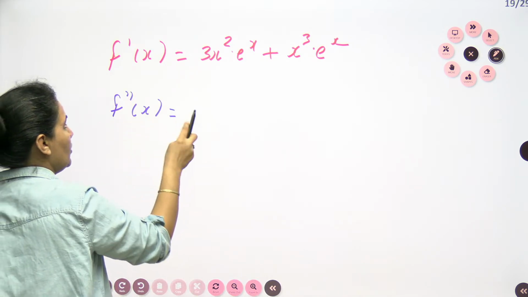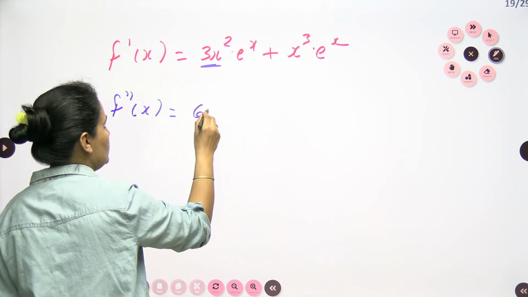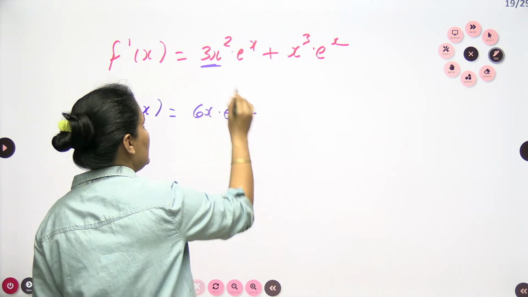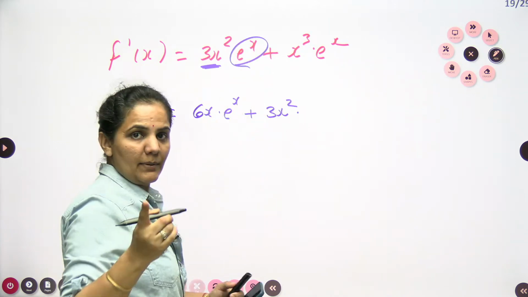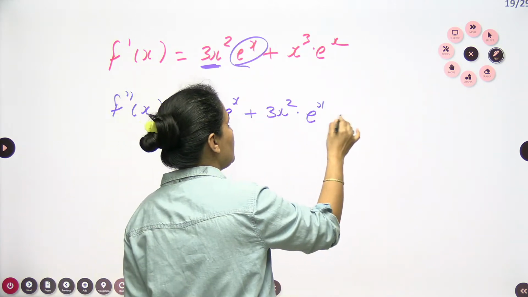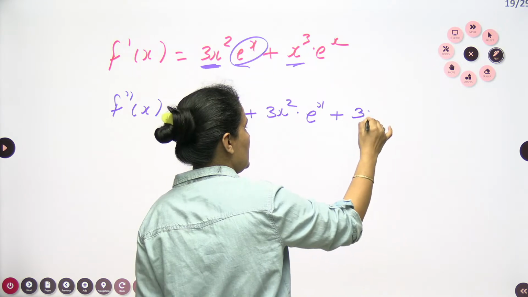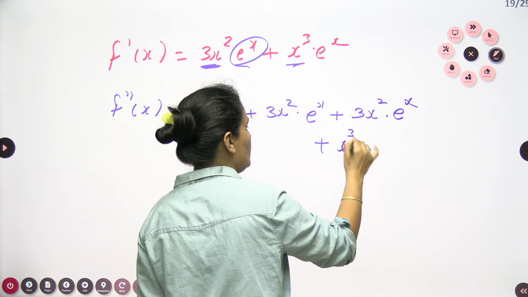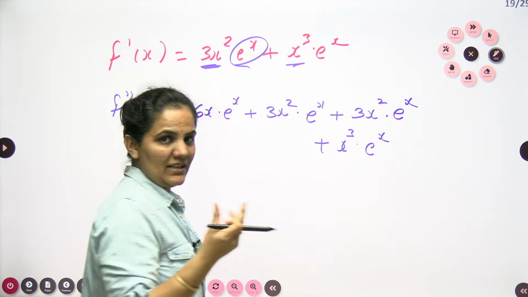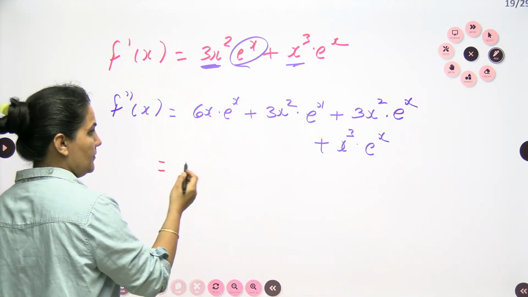So this will be 6x e power x as it is, this will be 3x square as it is, differentiation of e power x is e power x only, plus x cube is 3x square and e power x as it is, plus x cube is as it is and e power x. So I can see we have some repeated values.